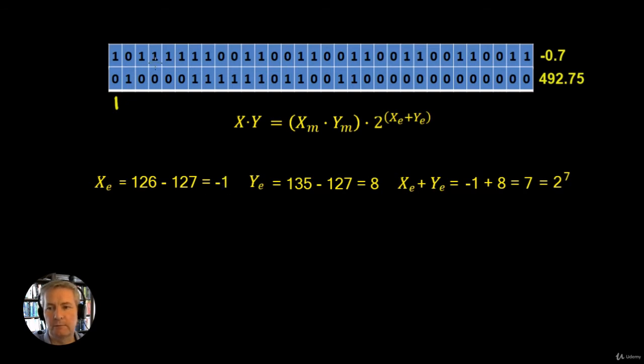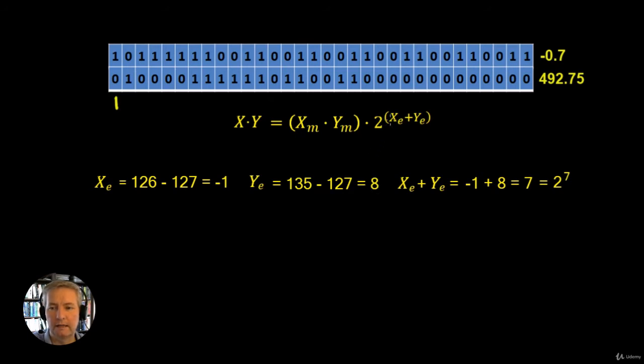Now we do the same for the y value. The y value is going to be these 8 bits, 1, 2, 3, 4, 5, 6, 7, 8. Whenever we add these together, we're going to get 1 plus 2 plus 4 plus 8, 16, 32, 64, and 128. Finally, when we added the numbers together, we're going to get a value of 135. And again, whenever we take away the bias, we'll get a value of 8.